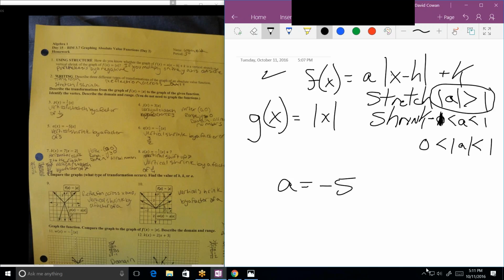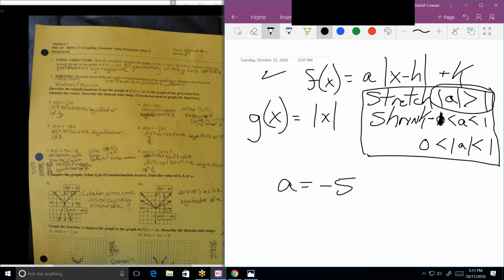Therefore, it's a stretch. So you don't need so many words in your answer as much as this information right here. You don't really have to explain anything. You merely have to know what letter we're concerned with in order to figure out whether it's a stretch or a shrink.